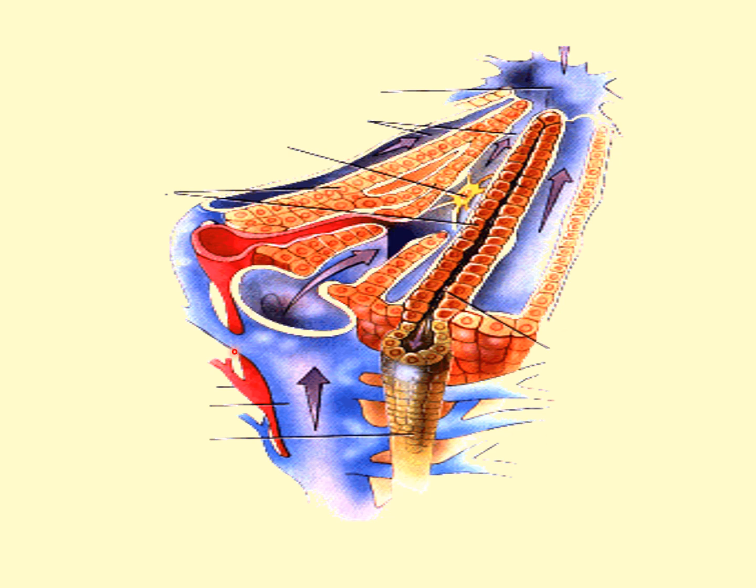Here is the portal triad, and these are the hepatocytes, and from here the hepatic ducts, bile canaliculi and bile ducts are formed. From the hepatic artery and the vein, blood drains into the sinusoidal spaces. From this sinusoidal space it goes to the central vein.